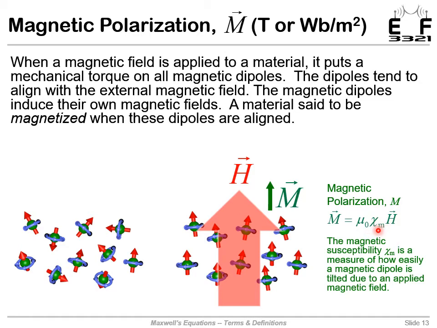This is a measure of how easily those dipoles are reoriented due to an applied magnetic field. And we multiply it by the free space permeability to finally get our magnetization M. So our magnetic field intensity H is the magnetic field in the vacuum of space, and our magnetic polarization is the magnetic energy that we can have stored in matter.